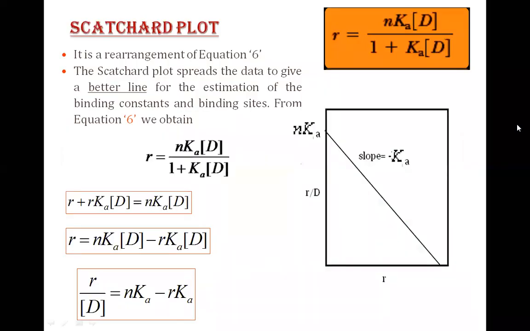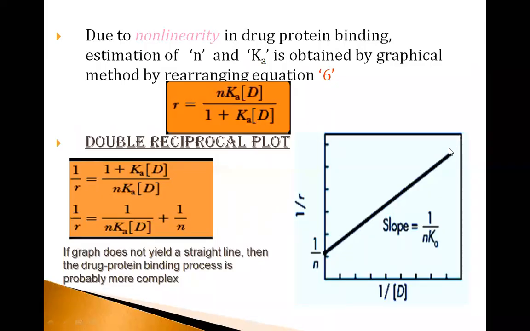The next method is called a scattered plot. Please write down: the first one is called the reciprocal method and the second one is called the scattered plot method. In this slide, there was a drawback with respect to the reciprocal method. Maybe in the graph it is not visible. Generally what happens, most of the points get aggregated at the bottom. Too many points, and one or two get scattered somewhere at the top.